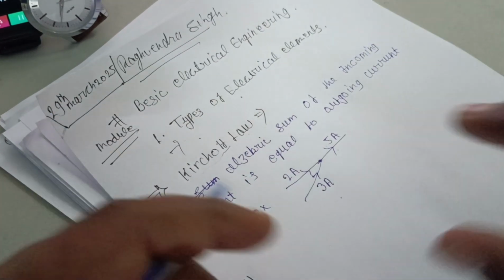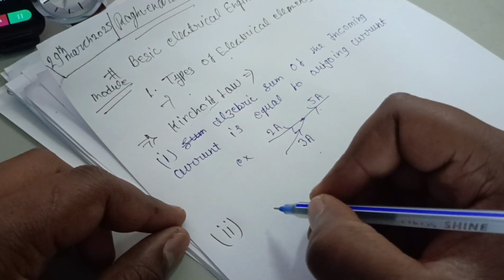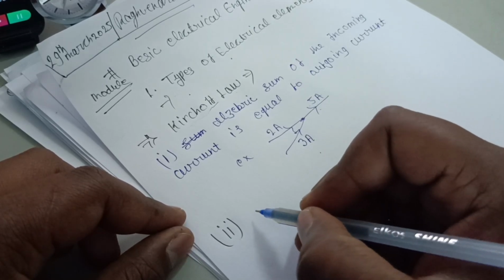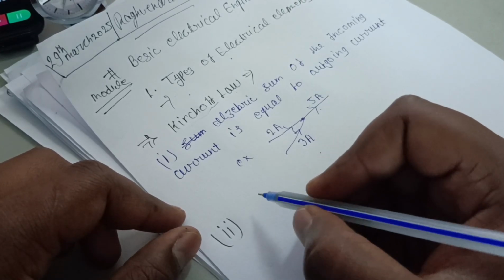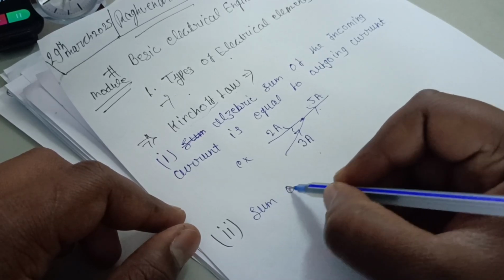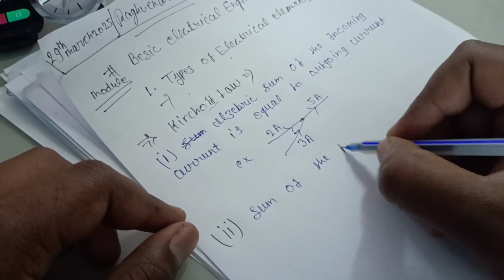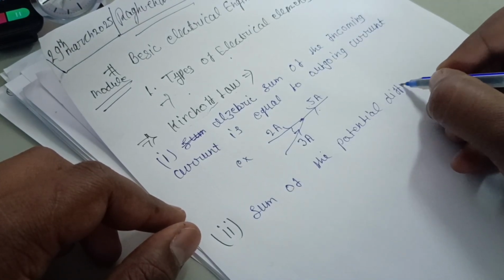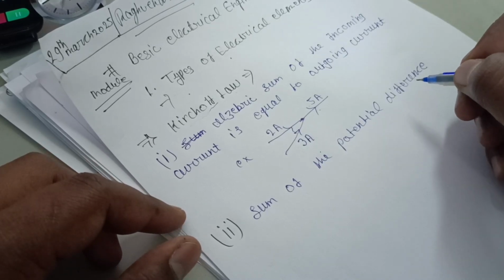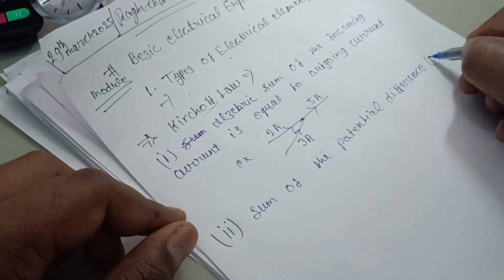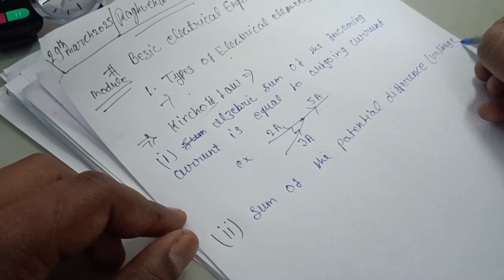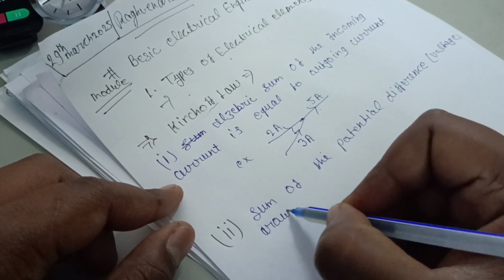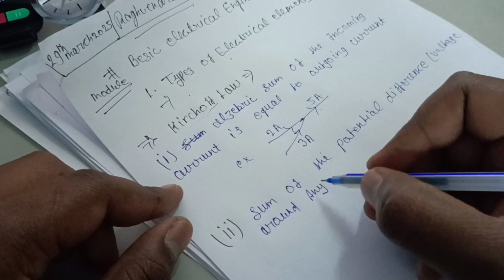In the second rule, Kirchhoff says that the sum of the potential differences, that is voltage, around any closed loop is zero.